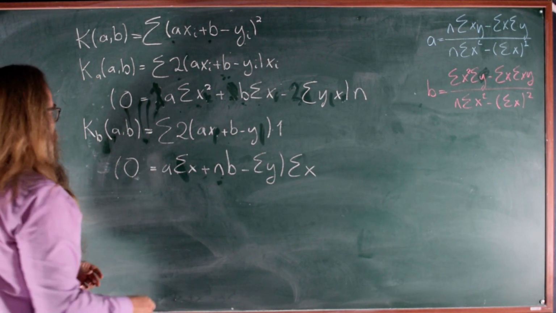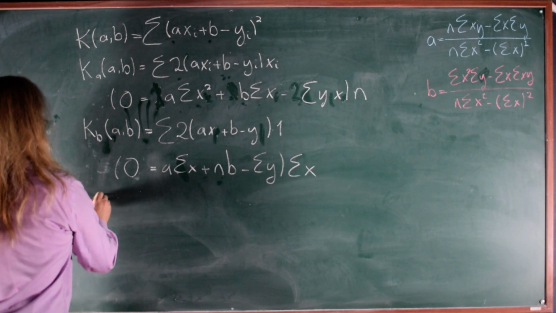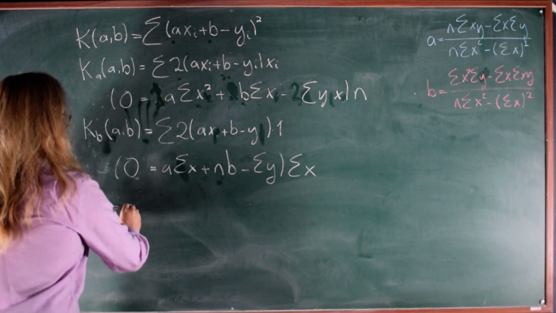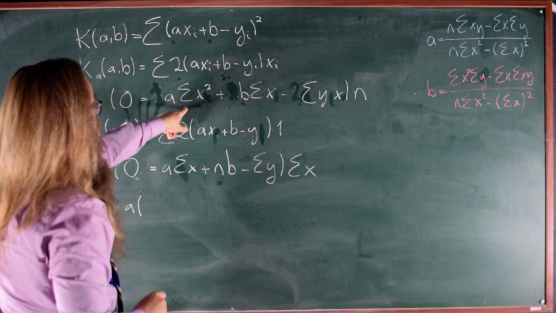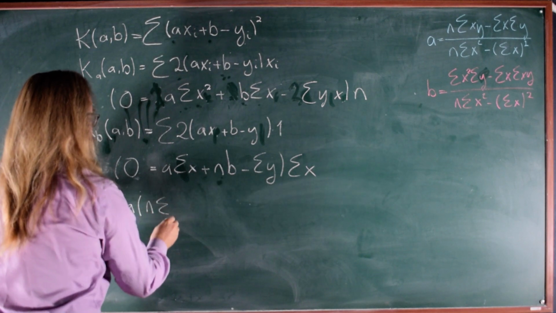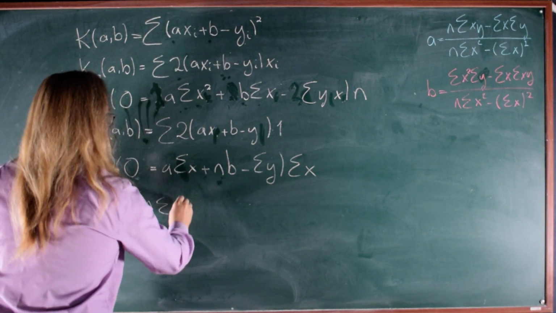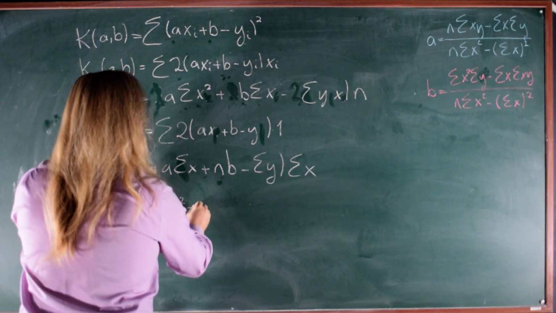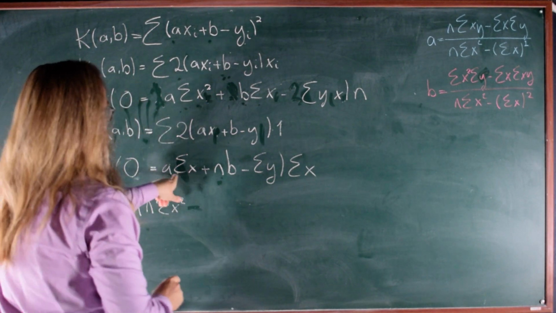And then I subtract them, and I get 0 is equal to, now we get an a here, and what's here? We have n times sigma x squared. The b's cancel, and then we have minus, right, we get it down here, okay.